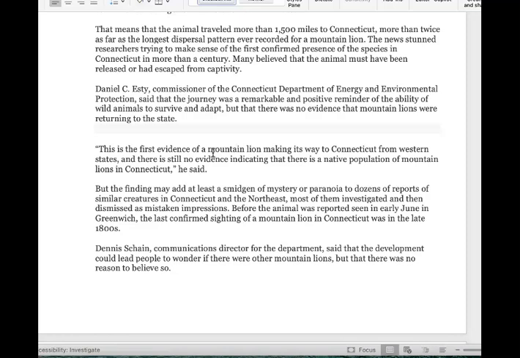This is the first evidence of a mountain lion making its way to Connecticut from western states, and there is still no evidence indicating that there is a native population of mountain lions in Connecticut, he said.